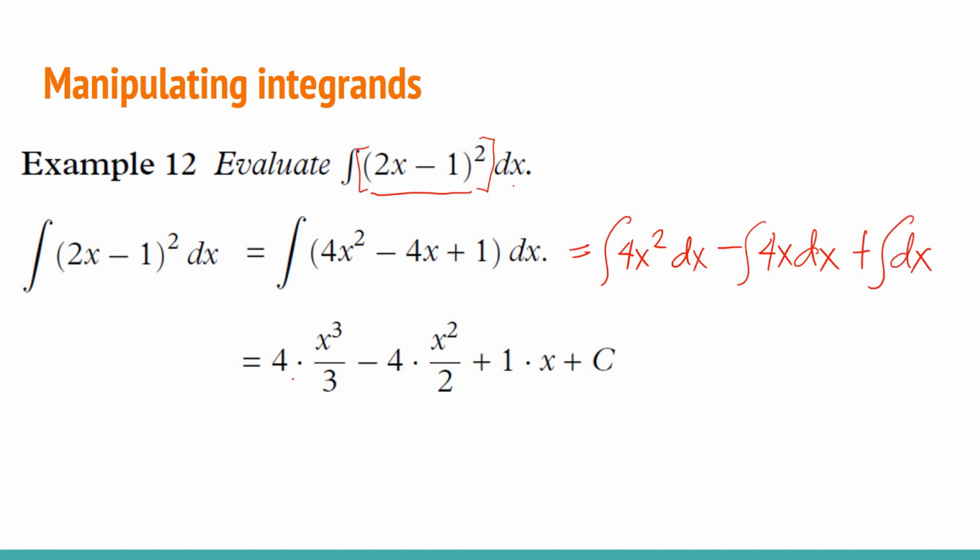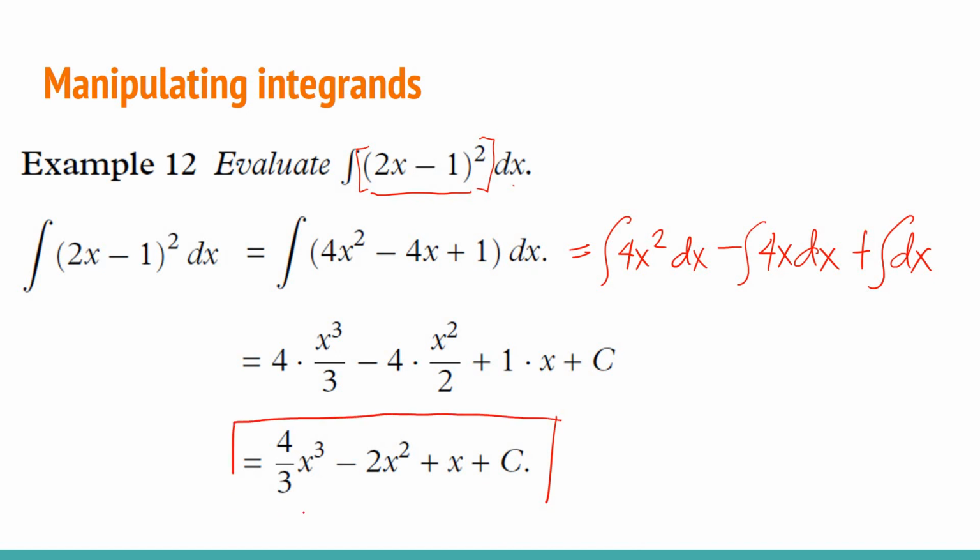That's why it becomes 4 times x cubed divided by 3 minus 4 times x squared over 2 plus 1 times x plus c. So this will be the final answer. Equals 4 over 3 x cubed minus 2x squared plus x plus c.